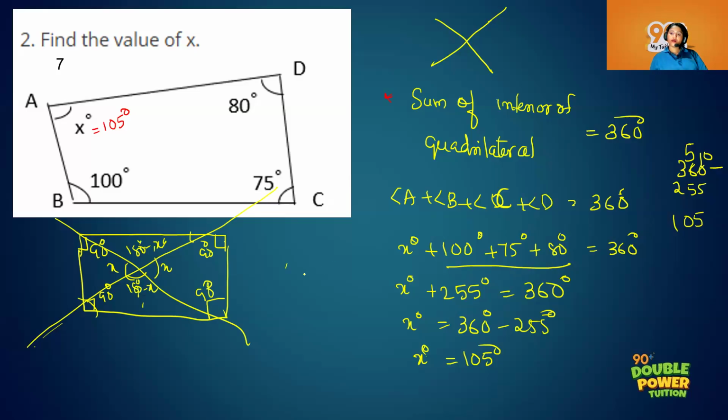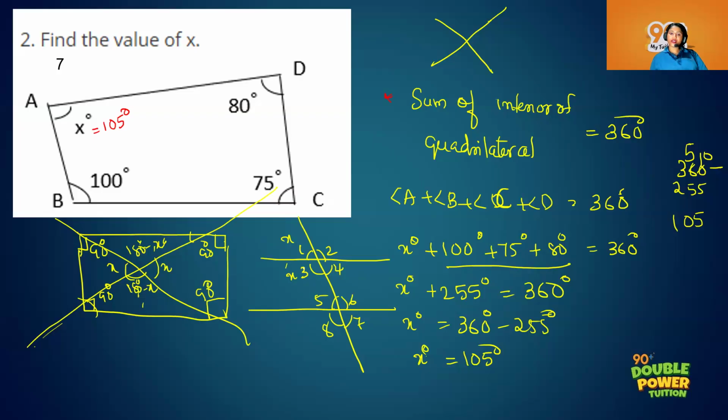Ma'am, can I know the parallel line property? Similar to this, there are angles 1, 2, 3, 4, 5, 6, 7, 8. This is the alternate interior angle property. If all the odd number angles are the same, if it is x degree, then this is also x degree.